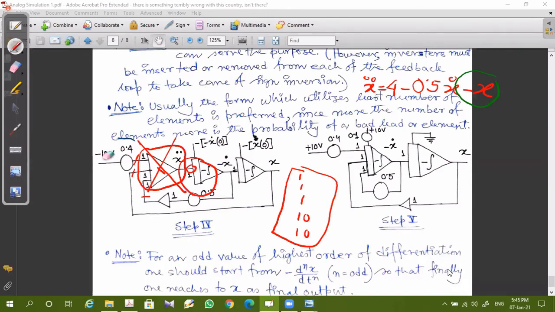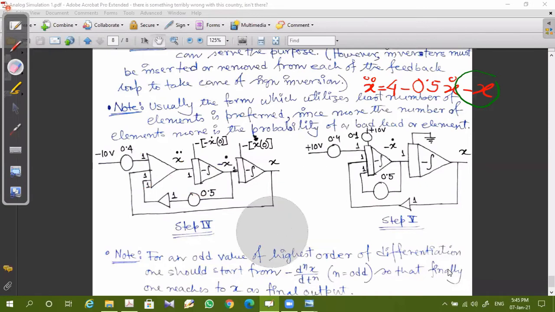Okay, let me just clean this thing up. Our relation, just look at this very carefully. See, for this path, it was passing through an inverter. So if we remove this inverter, this inversion should come over here and make this one positive.